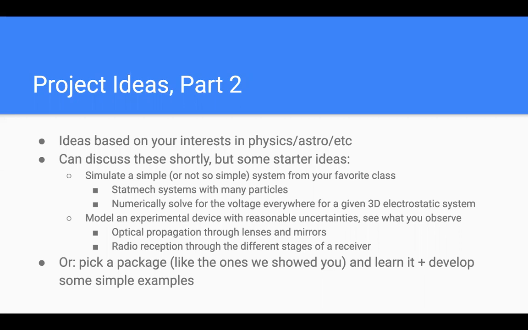Or you can take an experimental device and see what it would do in the real world. Say, okay, if I give it this input, it's going to have this output, but with this much uncertainty from real life being sad sometimes. One really cool one that I've done a bit of is optical propagation through lenses and mirrors. The action of a lens, for example, is not perfect one-to-one.